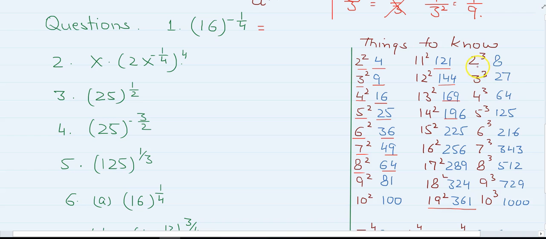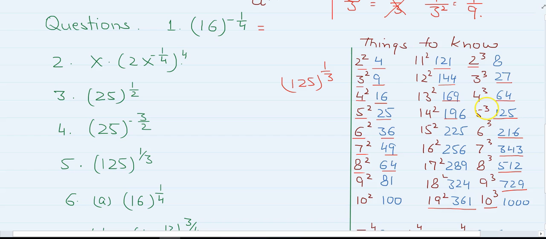It's also helpful to know the cubes of the numbers from 2 to 10, because when you get a question of indices, most likely you are going to get these numbers. For example, if you have 125 to the power 1 over 3, you know there is a number 5.